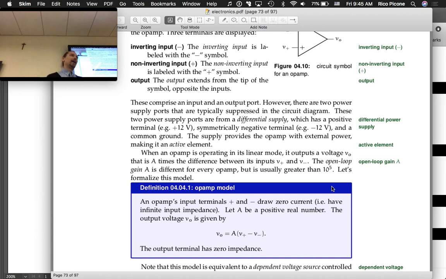So audio fidelity would be an example of the type of thing that you would want to use a very linear amplifier for. If you want to increase the power of the signal, you want this signal to be a louder signal, you want to use an amplifier that's going to be linear. If it's non-linear, it's going to introduce distortion. It's going to sound weird.